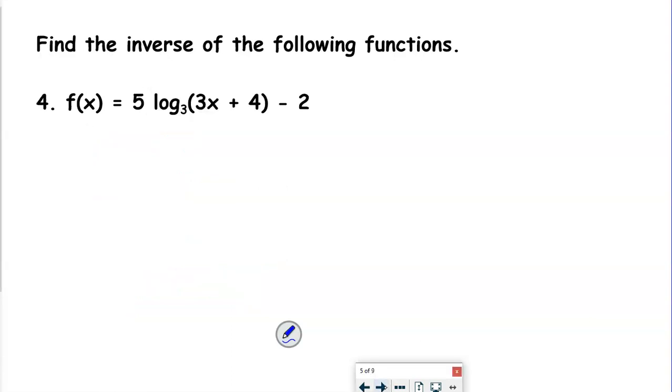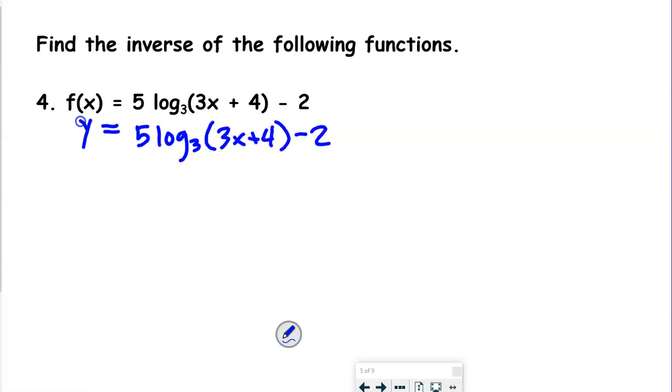Here's our next one. Again, going to do y equals 5 times the log base 3 of 3x plus 4, minus 2. Swap the x and y. Okay, so we're going to add 2 to both sides.